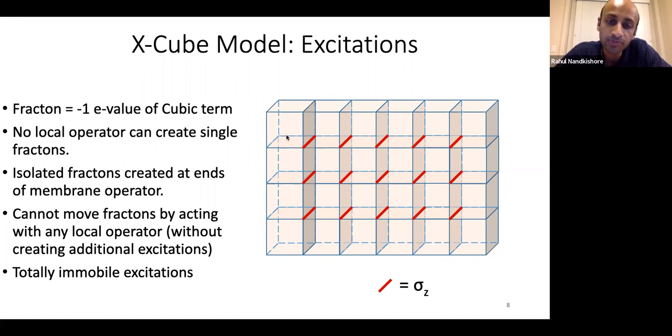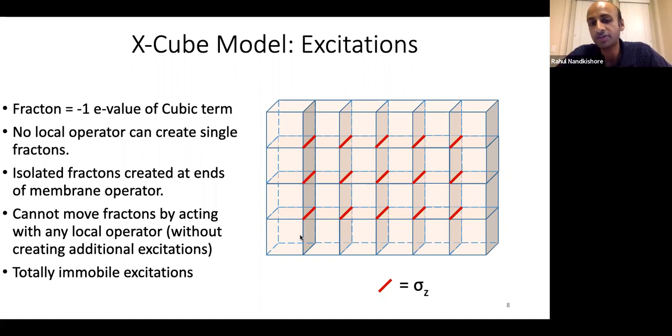But on the corners, there will be a single anti-commutation. So on each of the 4 corners of this membrane of Z operators, I will be left with a single unhappy cube. So this cube will have eigenvalue -1. I've started with the ground state and acted with this membrane of Z operators, and I'm left with 4 unhappy cubes at the 4 corners of the membrane.